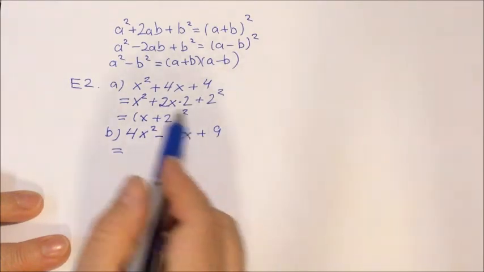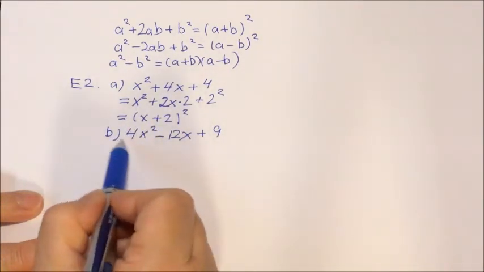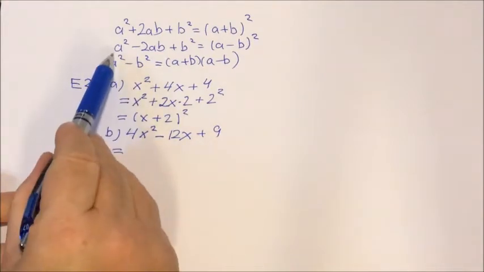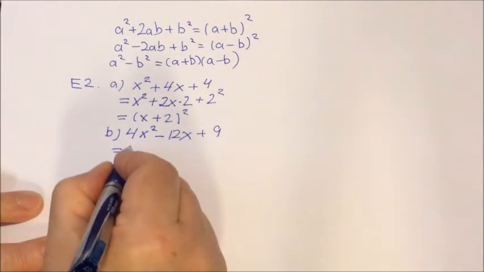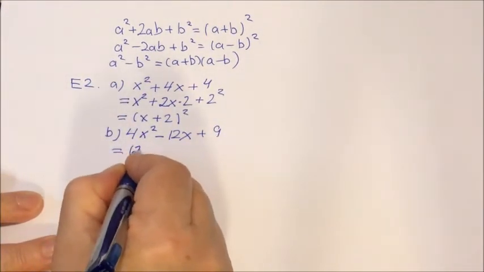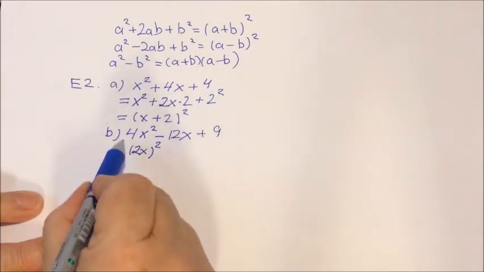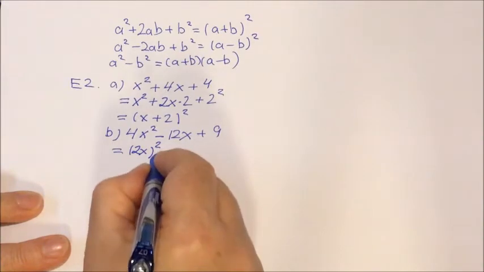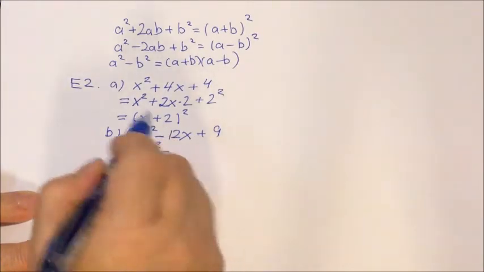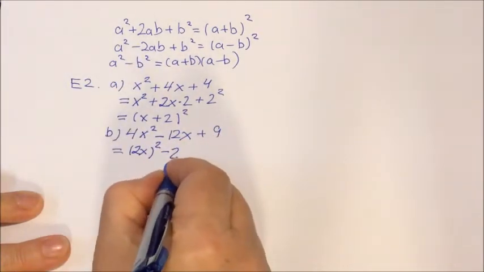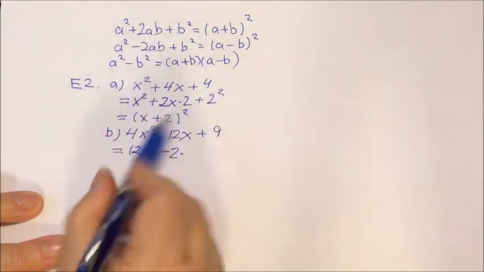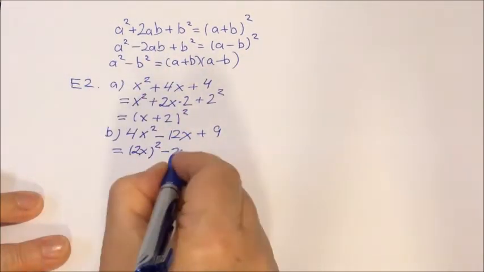Let's check. 4x squared, this whole thing should be something squared. If we write (2x) squared, that is the same as 4x squared. Minus, then we should have 2 times a, and instead of a we have 2x.